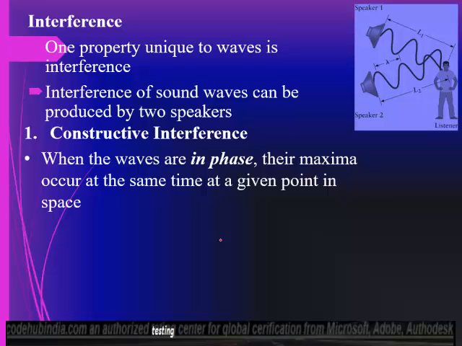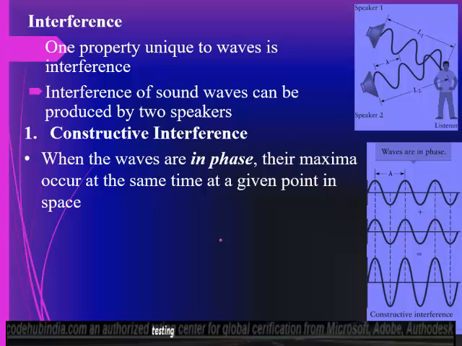This is constructive. The waves have equal wavelength lambda, and they are in the same phase angle. This is the time, or pi, and y is the amplitude. So all three waves are in the same phase, and this is called constructive interference.